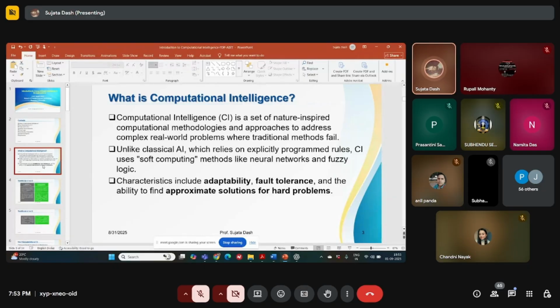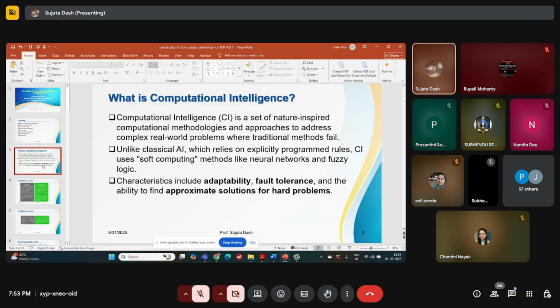They fail while solving those problems. We cannot apply these traditional or rigid algorithms. They will not work properly. So we require these nature-inspired or computational intelligence techniques to solve these complex dynamic problems.